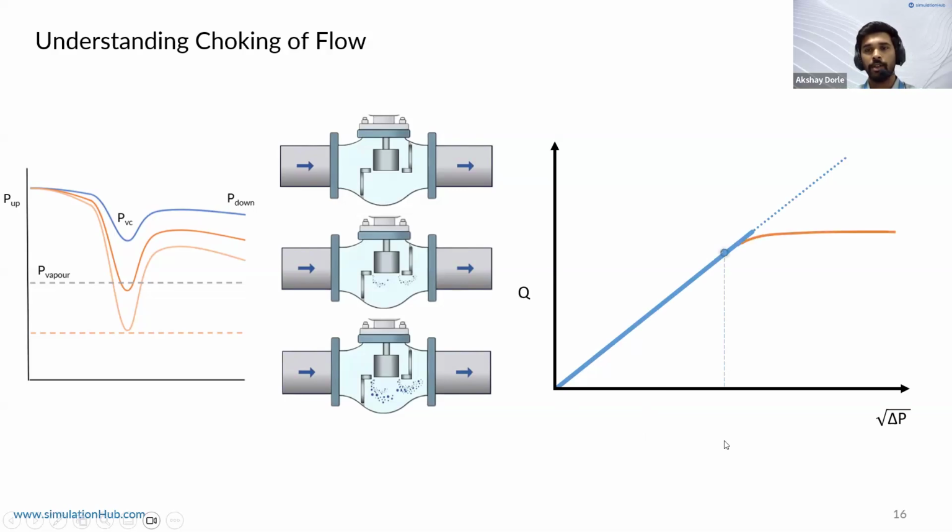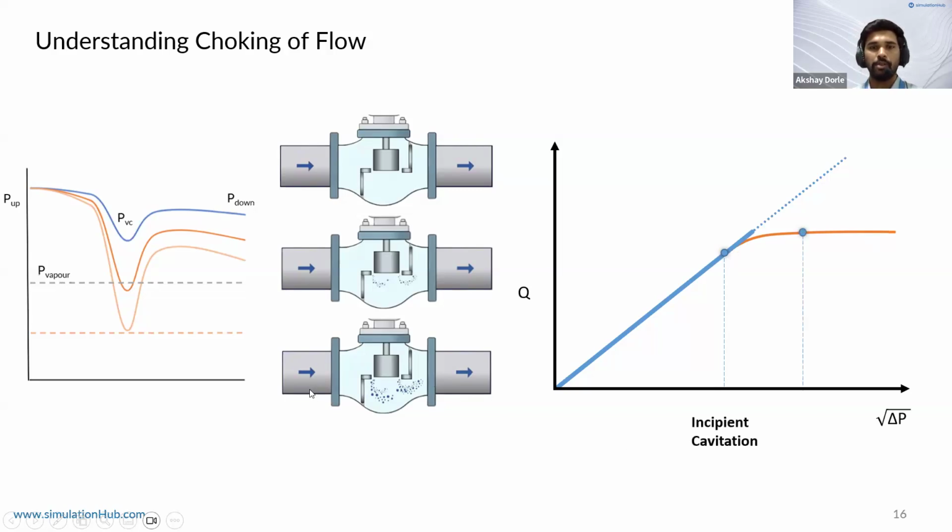After a certain point in the flow, meaning it just starts to cavitate, it will start to deviate from its ideal path and start becoming flat. So this point where the deviation just starts to happen is called the incipient cavitation.